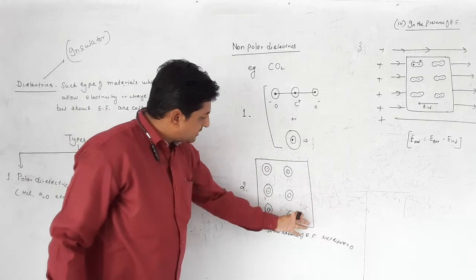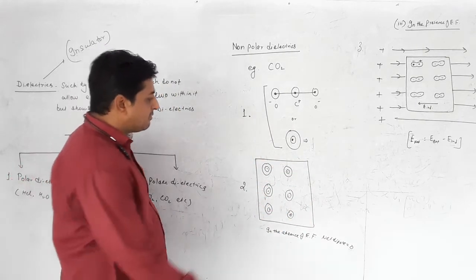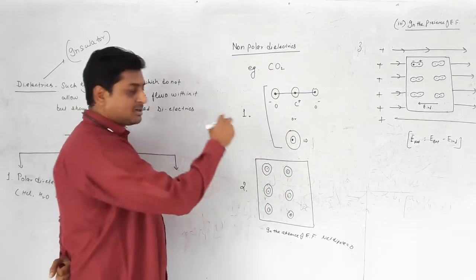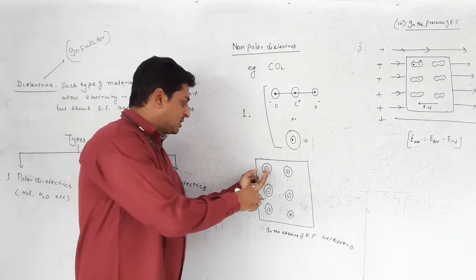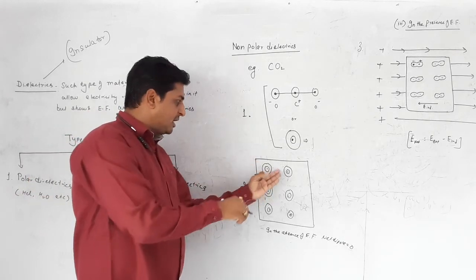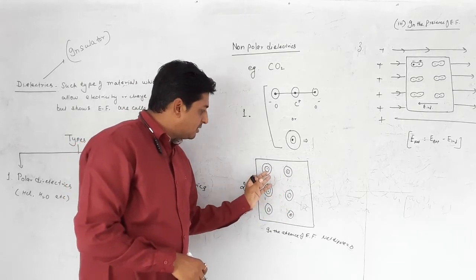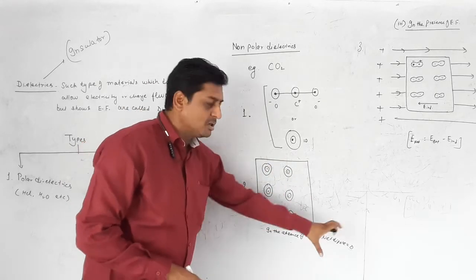Now, I have taken a sample of non-polar molecules. This is a sample in which 1, 2, 3, 4, 5, 6 molecules of non-polar dielectrics are present. Here the centers of mass of positive and negative coincide. This is the second one, third one, fourth one, fifth one, sixth one. Means no dipole is present individually, hence the net dipole is also 0.